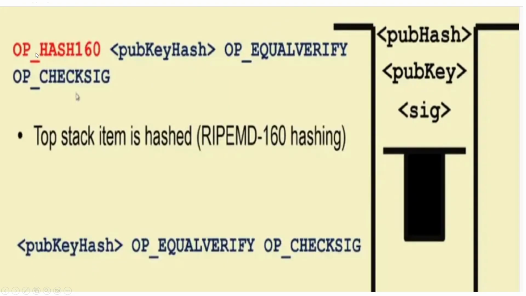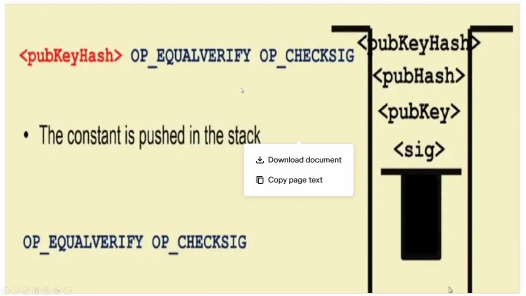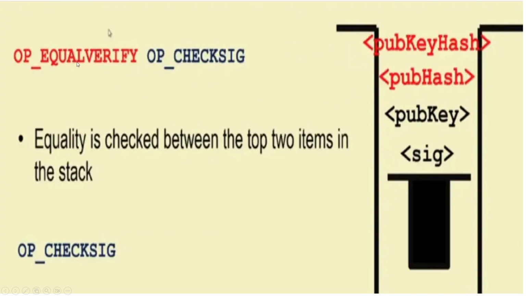Next comes OP_HASH160. It's telling us to find the hash value, so for that public key, a hash is now obtained. And the next is the public key hash value that is pushed here. Now comes another opcode, which says check for equality.